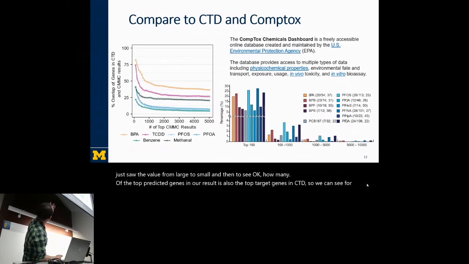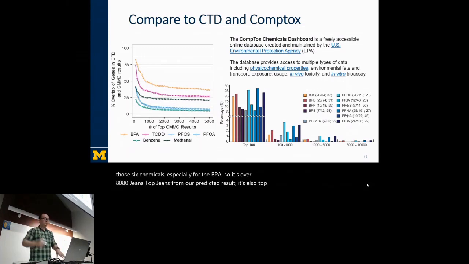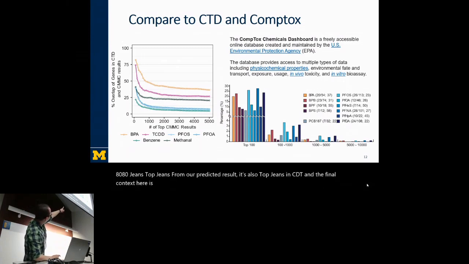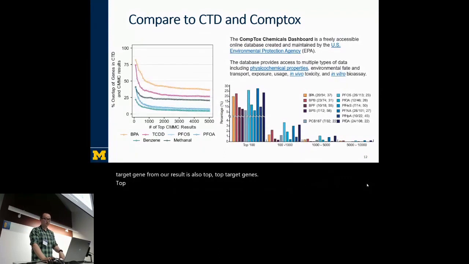We can see for those 6 chemicals, especially for the BPA, over 80 of the top genes from our predicted result are also top genes in CTD. And for CompTox it's similar: it's a percentage of how many top target genes from our result are also top target genes from CompTox.